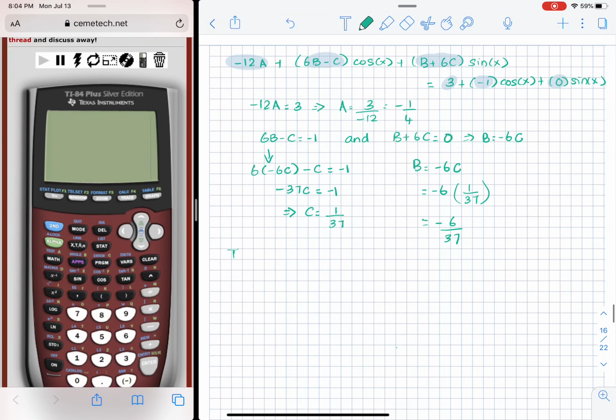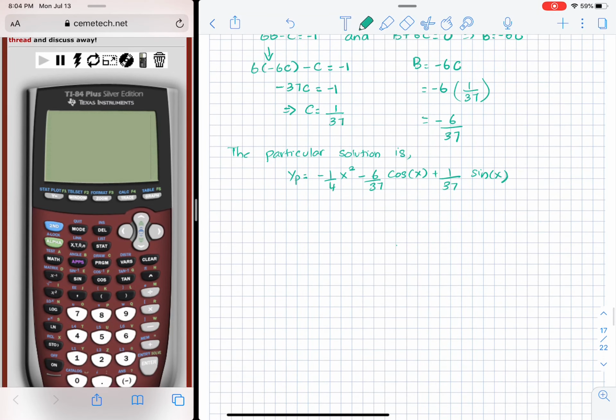So the particular solution is yp equal to negative 1 over 4 x squared plus b cosine x plus c sine x.